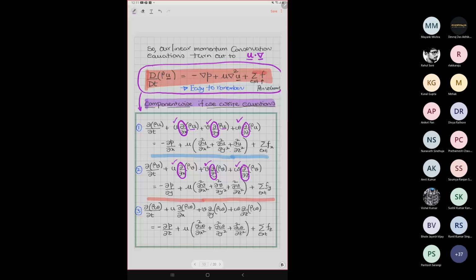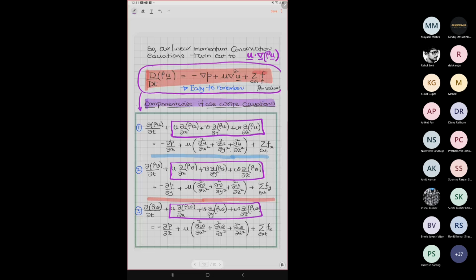These terms are what we call non-linear terms in the Navier-Stokes equation. So if I am highlighting, this is a non-linear term in the x direction, non-linear term in the y direction, non-linear term in the z direction.